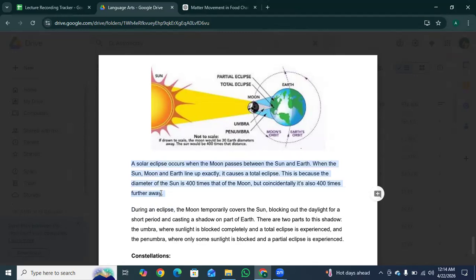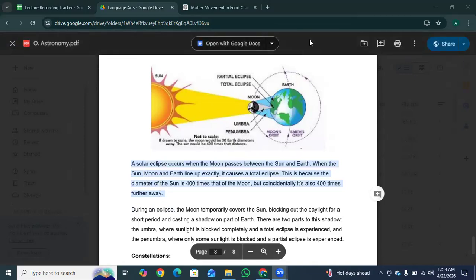So, in very easy wording, a solar eclipse happens when the sun, moon, and earth line up perfectly in the exact order, like in this diagram. The first is sun, the second is moon, and the third is earth. In this phase, the moon acts as a shield.